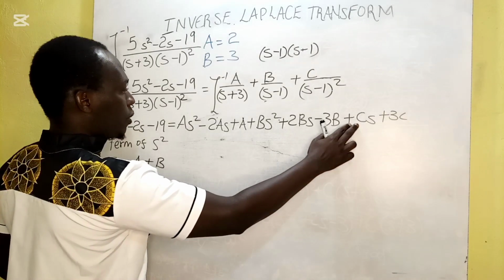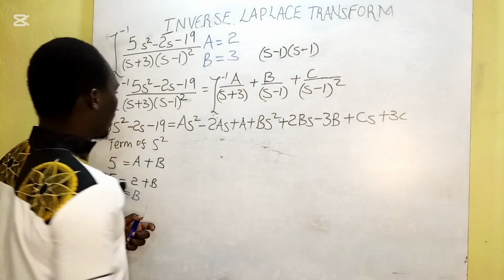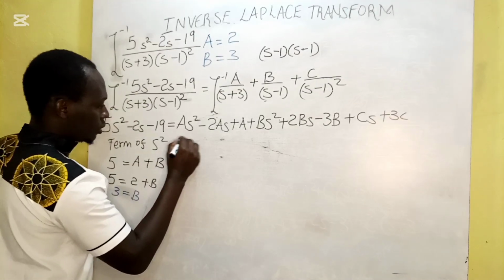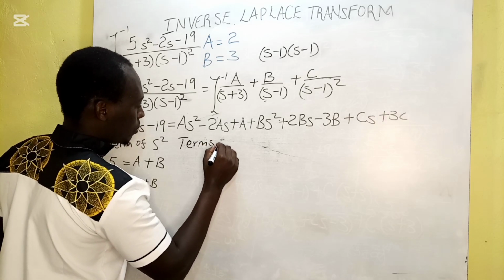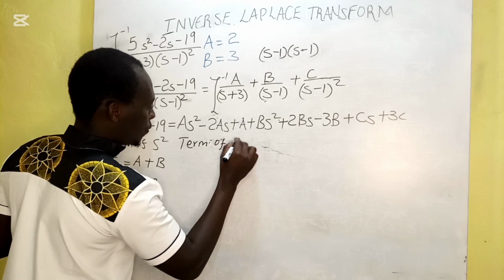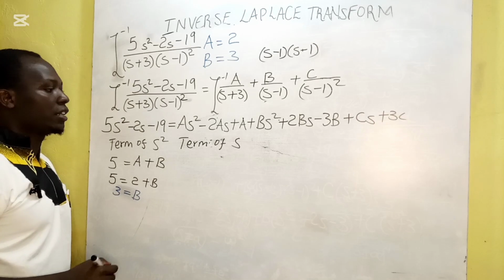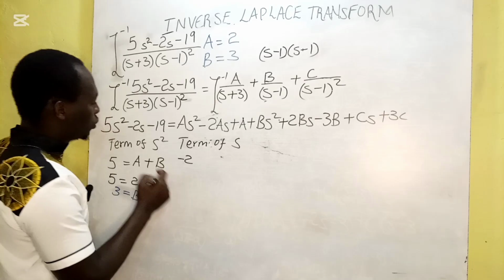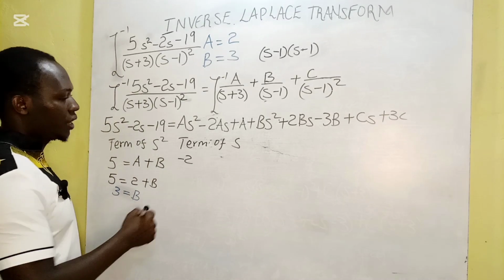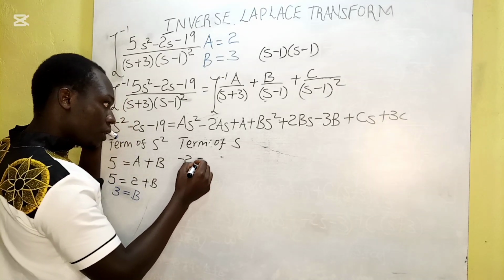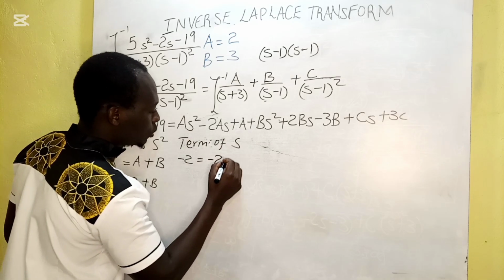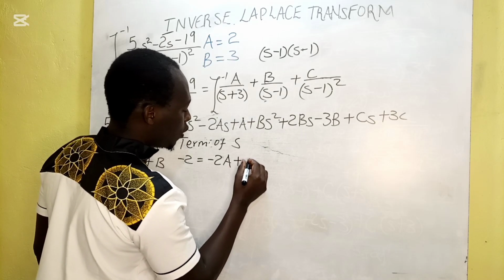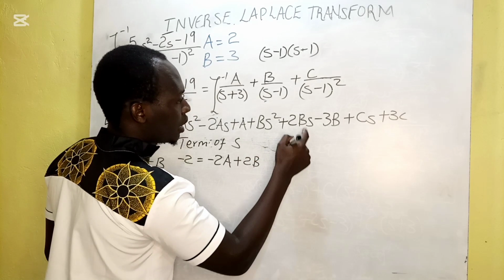Let us now find the value of C. C has got a term of s, and then we can have a constant. When we are using the term of s, it can help us in finding the value of C. Here we are going to have negative 2, because it has a coefficient of s, is going to be equals to negative 2As, and here we are going to have a positive of 2Bs.